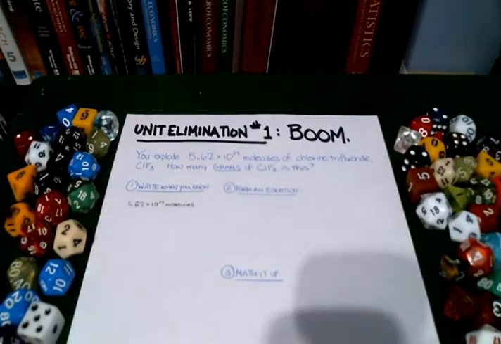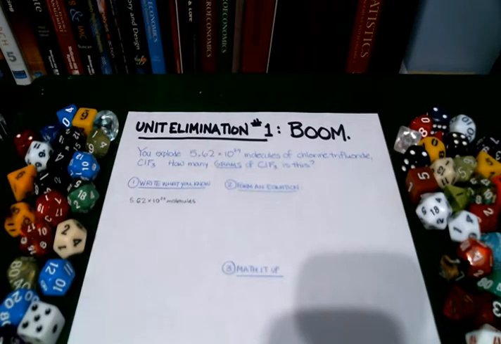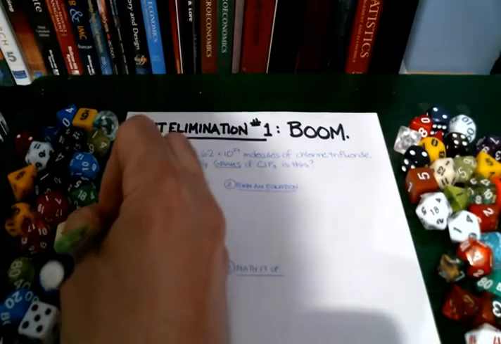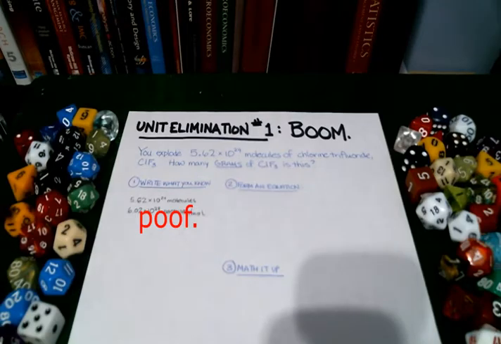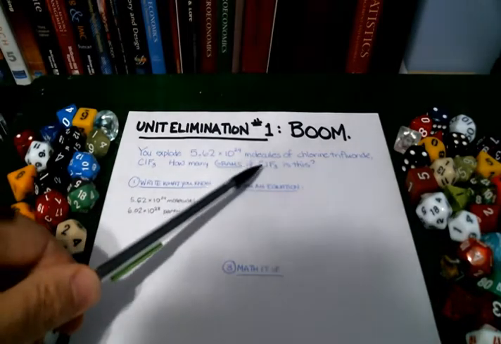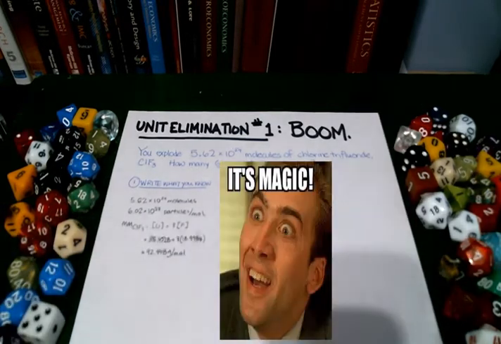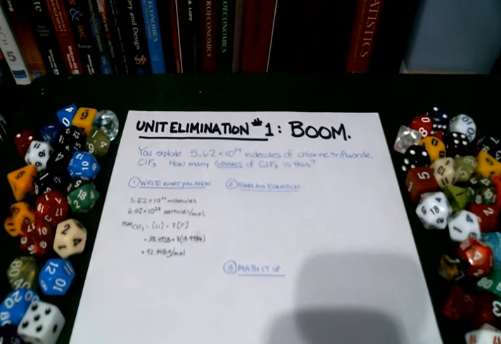And the minute I see the word molecules in a question, I know that they're going to have to deal with Avogadro's number. So I'm also going to put Avogadro's number down here. The third thing that I need to know is the molecular mass of chlorine trifluoride here. And I'm just going to magically make this appear on the page just to save us a bit of time. Abracadabra, there it is. The molar mass of chlorine trifluoride is right there.